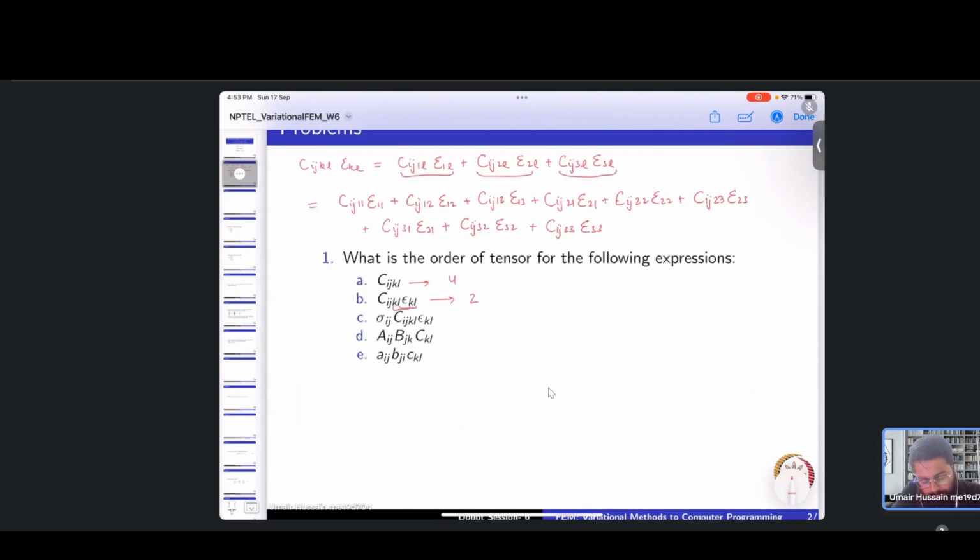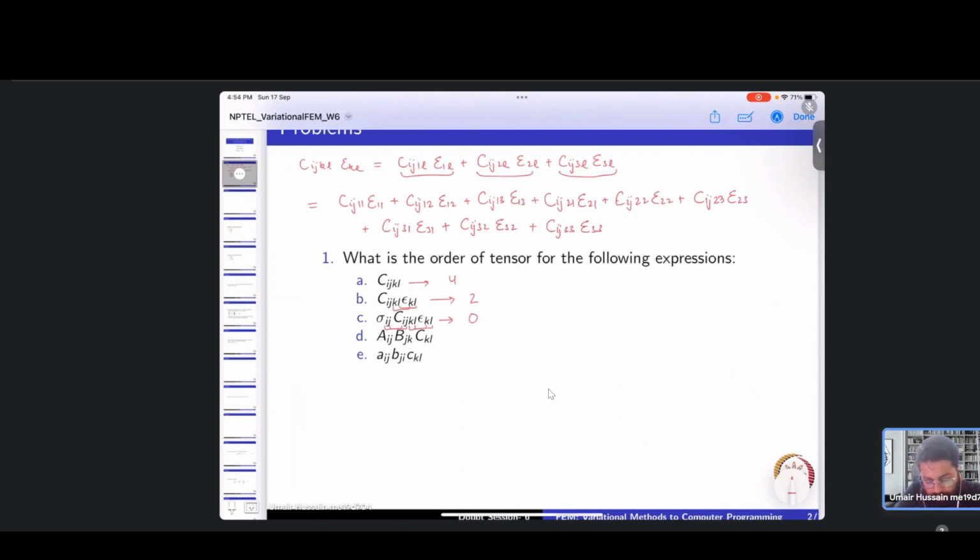Then we have sigma ij, Cijkl, epsilon kl. So here K is repeated, it's a dummy index. L is repeated, it's a dummy index. Then we have I also repeated and we have J also repeated. So all are dummy indices. So this is a zeroth order tensor.